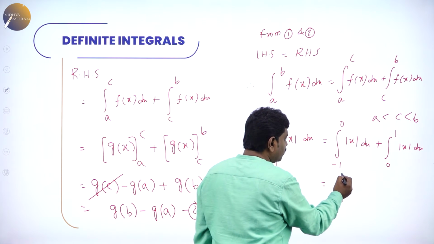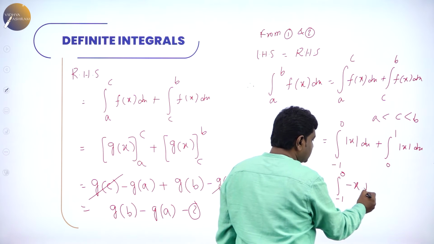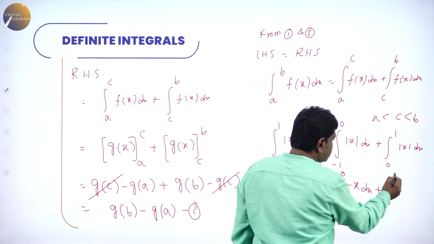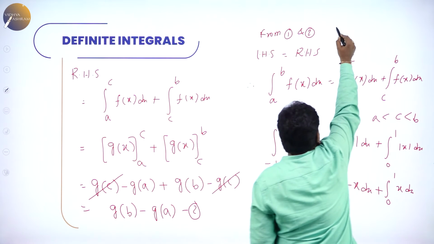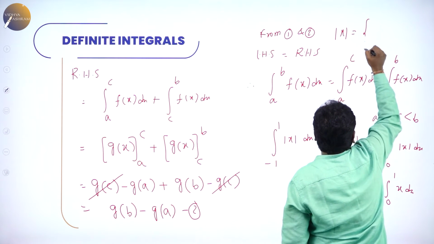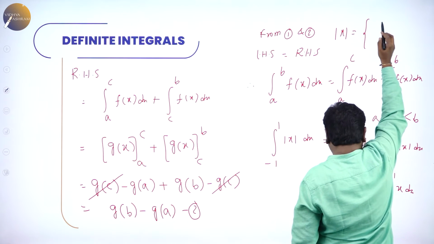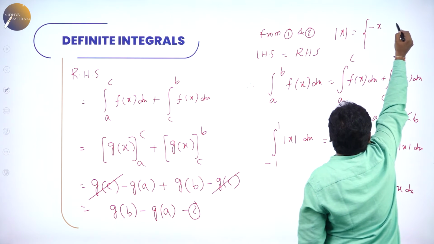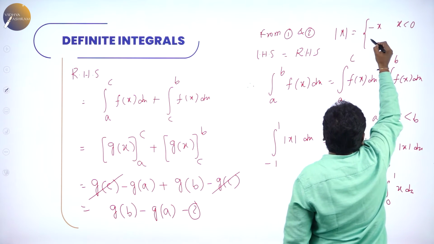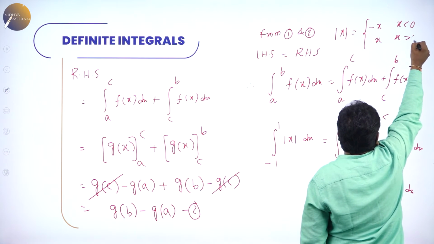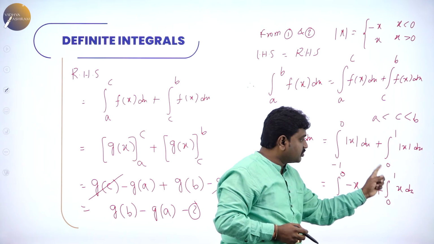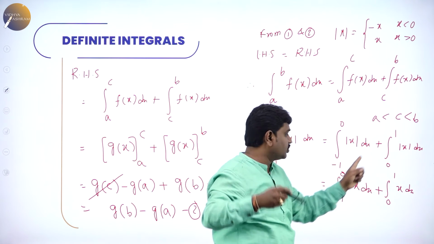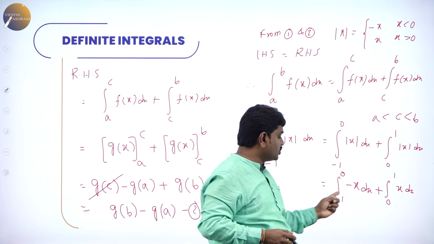When it is negative, mod x is minus x. When it is positive, mod x is positive x. You know, mod x is a piecewise function. Mod x will have two values. So mod x is minus x when x is less than 0, and mod x is plus x when x is greater than 0. So therefore, here I'll write minus x. Here mod x I'll write plus x, because this is 0 to 1. 0 to 1 means positive. This is minus 1 to 0. Minus 1 to 0 means negative.